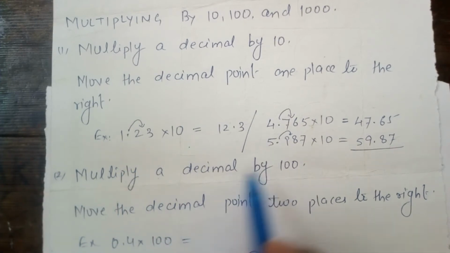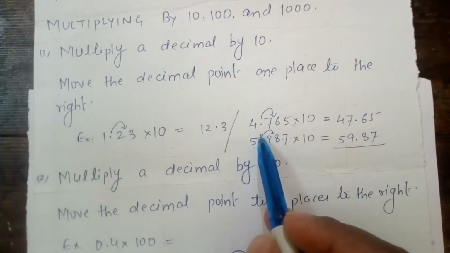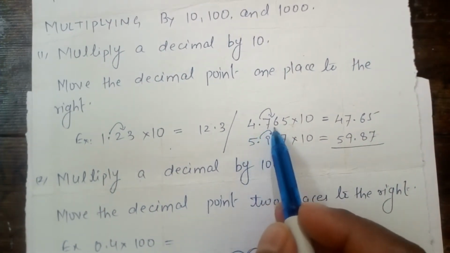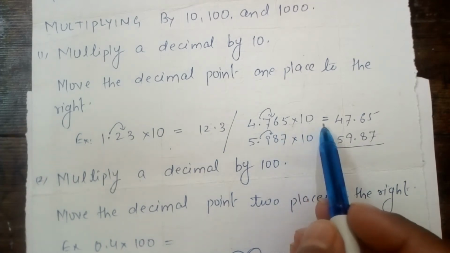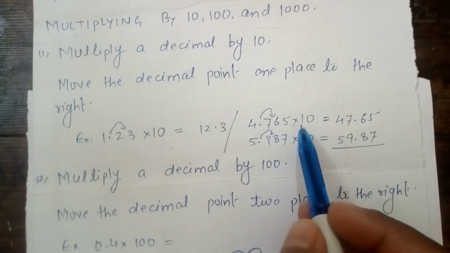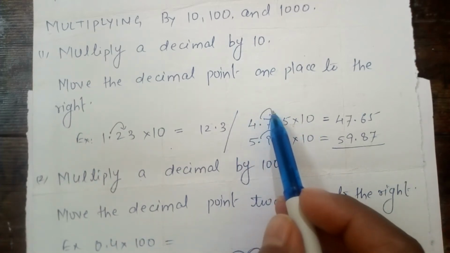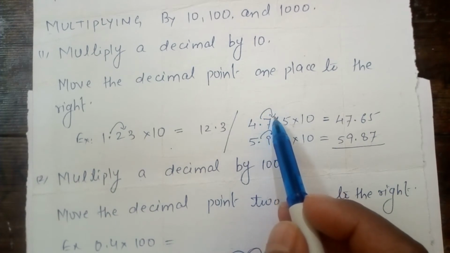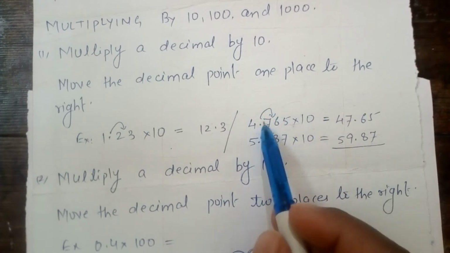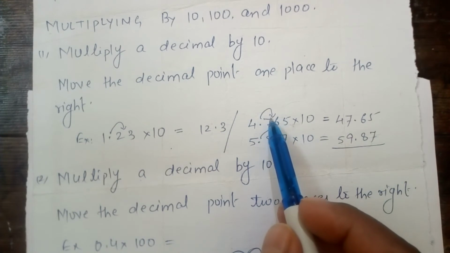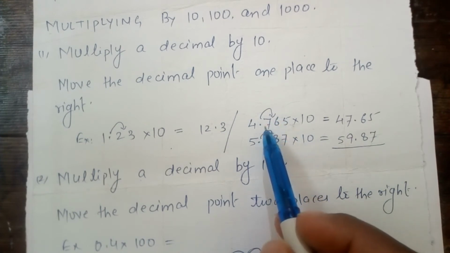Okay. Suppose you have one more question. 4.765 into 10. What is the answer? In 10, the number of 0s is 1. So we move the decimal point one place to the right.